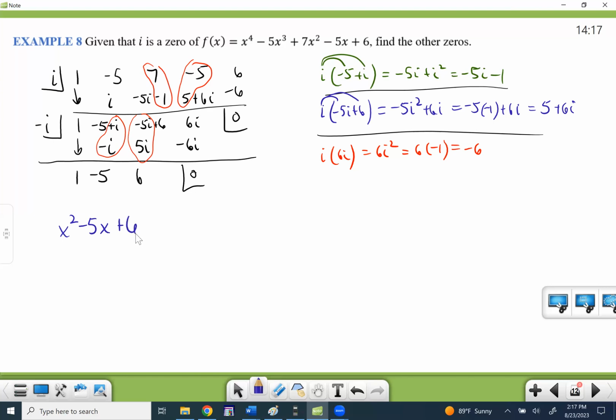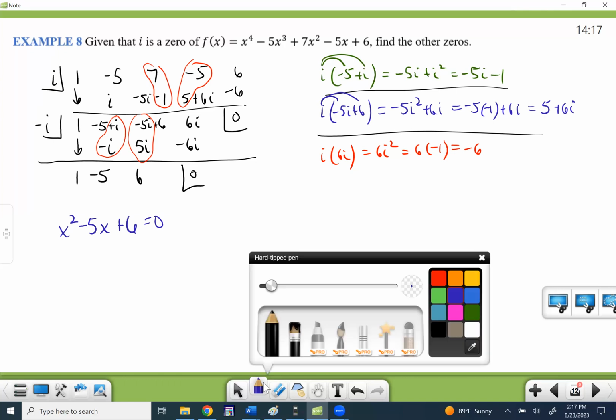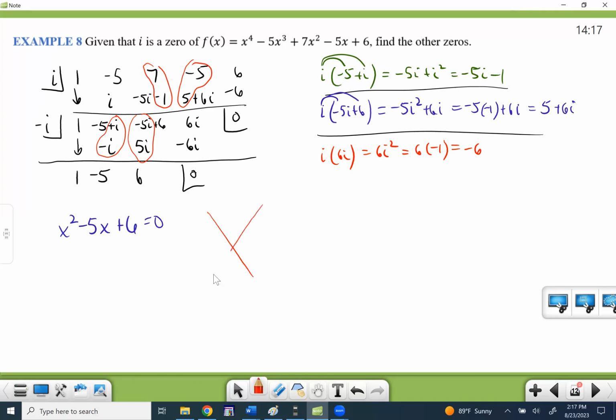That's our remaining polynomial. So we already knew one 0. Now we have another 0. And look at how easy this polynomial that remains is. This 6, we want factors of 6, things that multiply to make 6, that add to make the middle number. Negative 3 and negative 2.